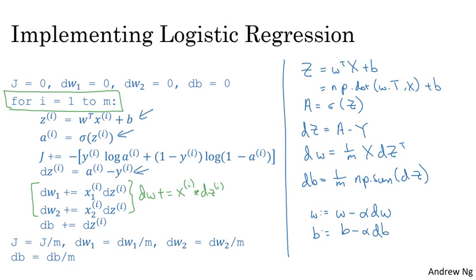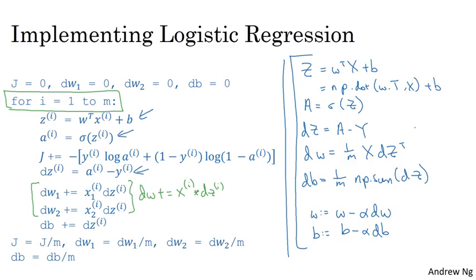Sometimes people put colons there to denote this as assignment, but I guess I haven't been totally consistent with that notation. But with this, you have just implemented a single iteration of gradient descent for logistic regression.